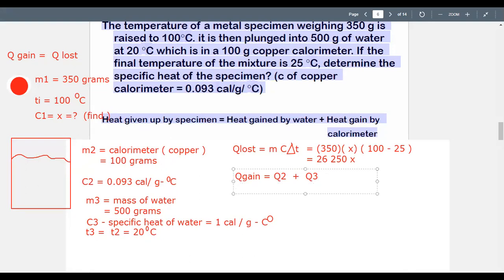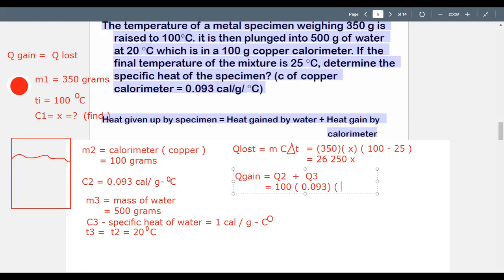So therefore, if we try to find Q sub 2, Q is mass times C times delta T. Q sub 2 will be 100 times its specific heat. The specific heat of the calorimeter is 0.093.